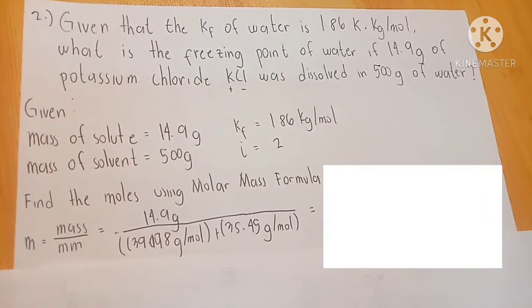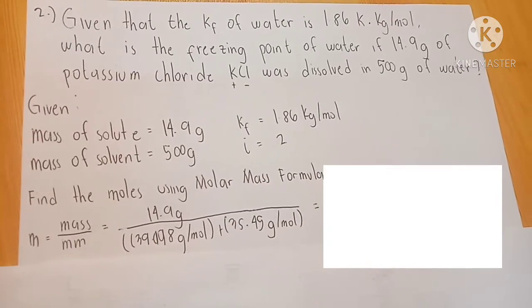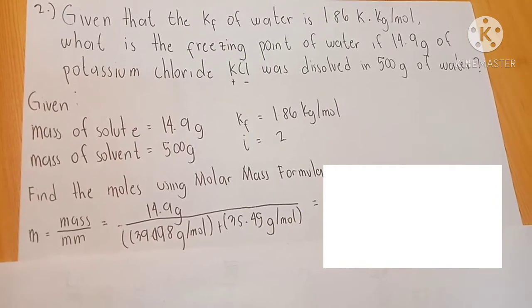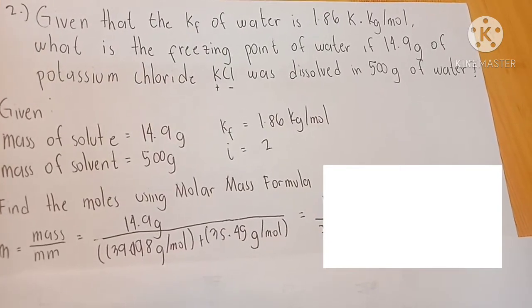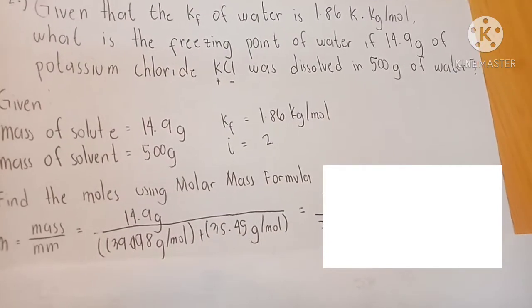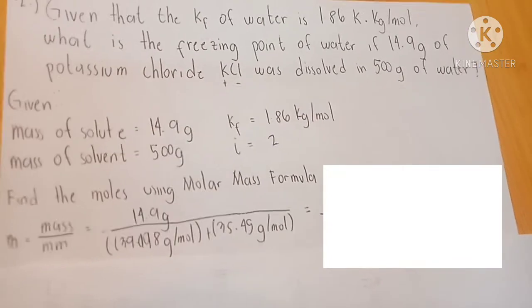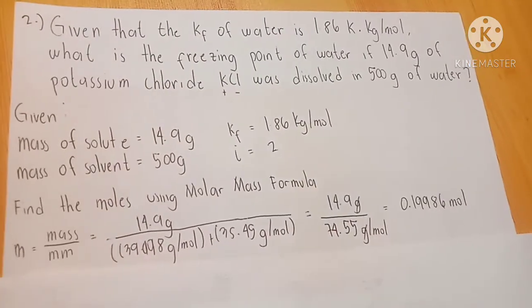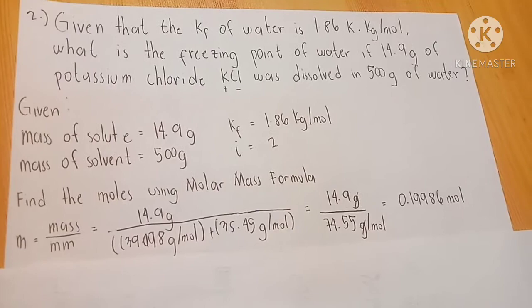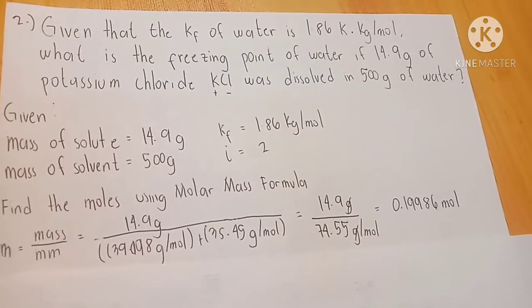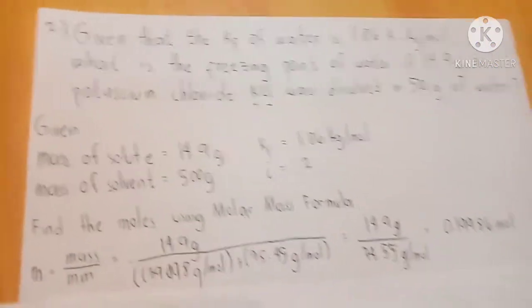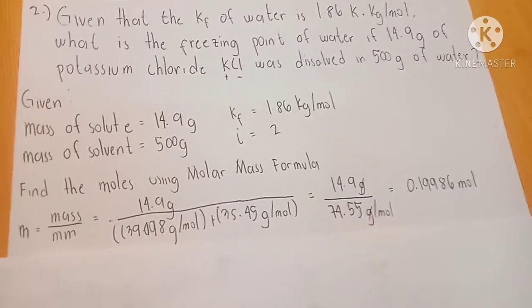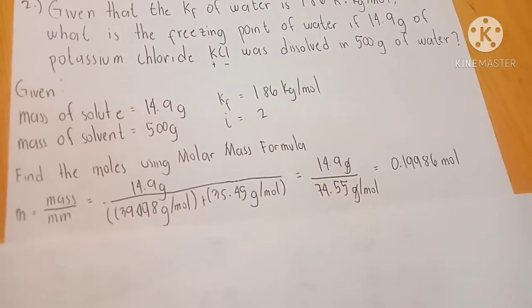So the atomic weight of potassium is 39.098 grams per mole plus 35.45 grams per mole, which is equal to 14.9 grams all over 74.55 grams per mole, which is equal to 0.19986 mole.